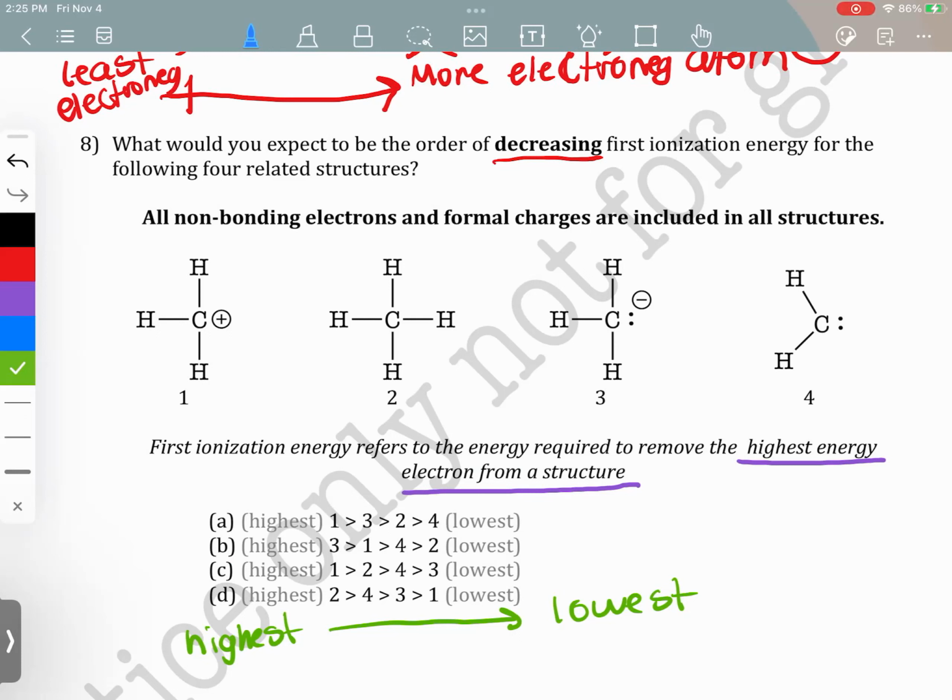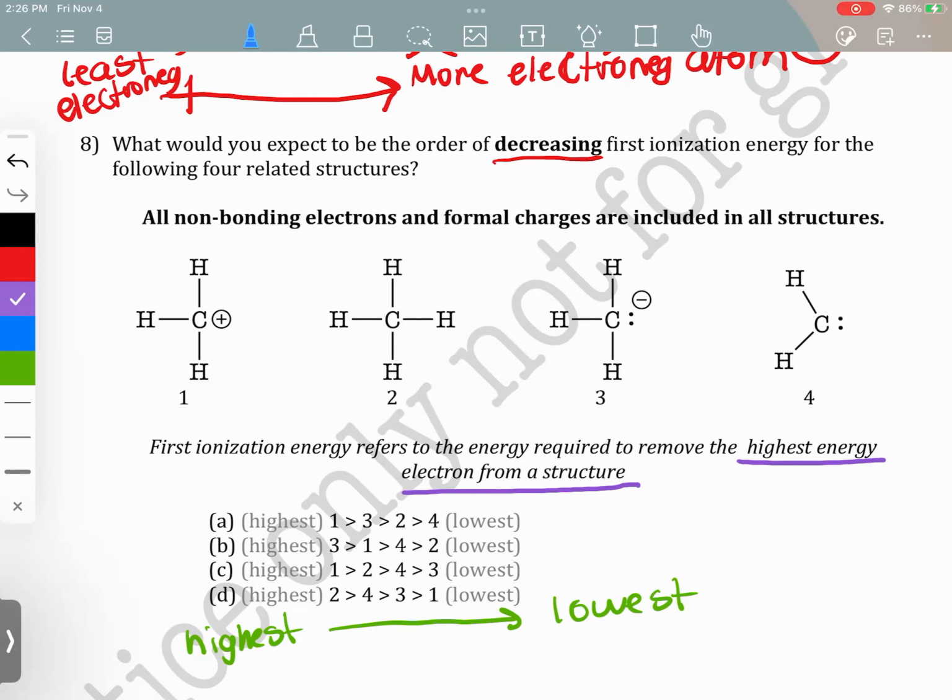So first, we have to pay attention to 1 and 2. Now, what's the difference between 1 and 2? One is missing an electron, while 2 isn't. So then, what should we focus on to determine the strength to remove electron?